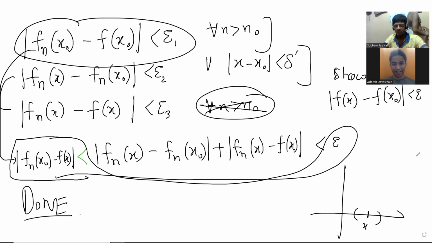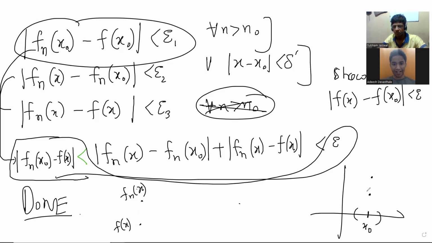See, the point is that fn of x and f of x are really close. If that is there, then you draw a vertical line from fn of x naught, and it feels like it should intersect f of x.